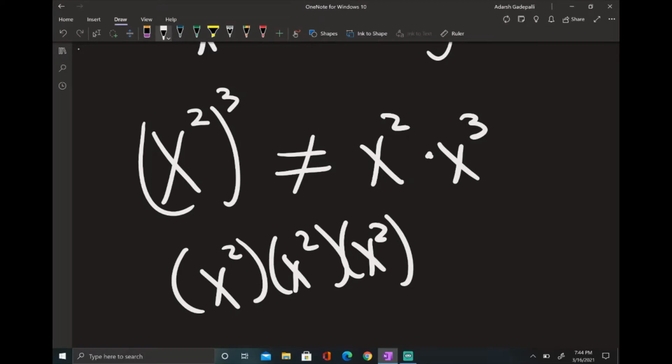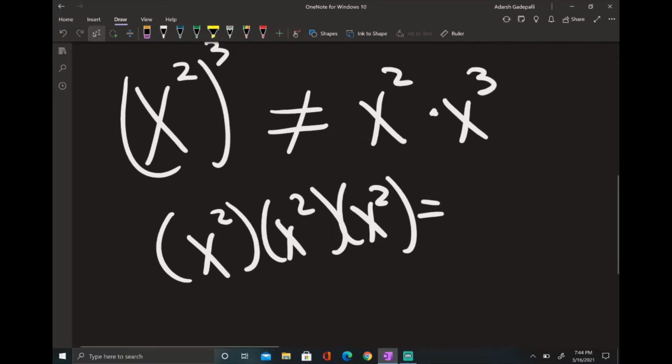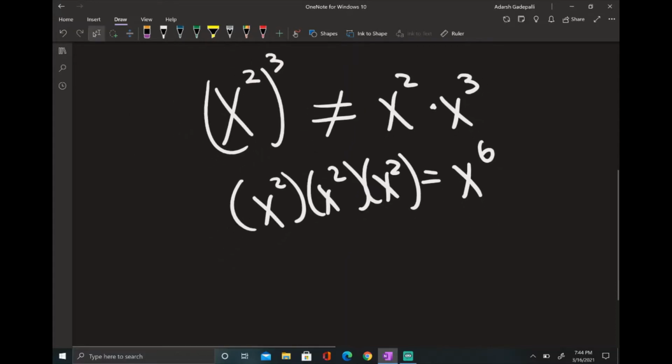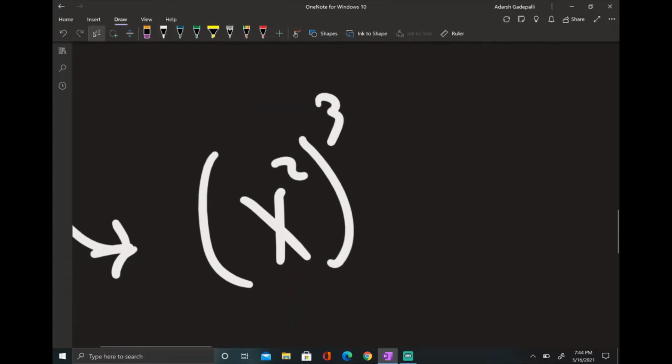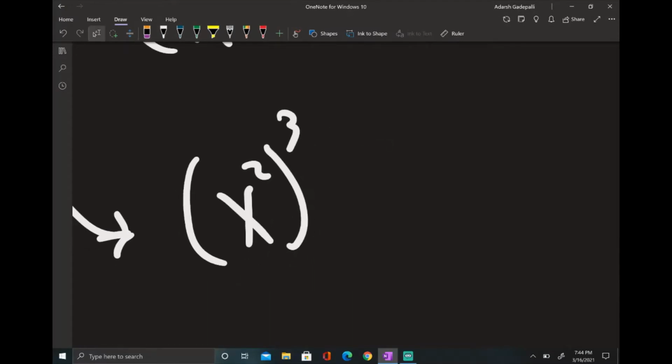You're basically multiplying the term inside the parentheses by itself 3 times. Using the multiplication rule, 2 plus 2 plus 2 is 6, so x to the 6th. But the shortcut is, if you have an exponent outside the parentheses, all you have to do is multiply the exponents. So 2 times 3 is 6, so this would be x to the 6th.